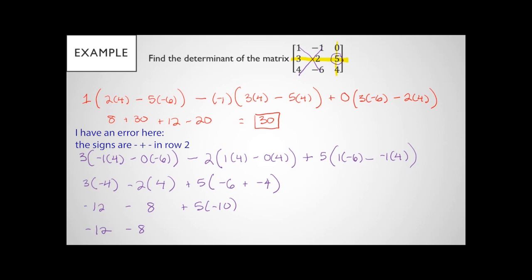So I've got 1 times -6 minus -1 times 4. So that should end up plus 4. So then that ends up here. That's -2. That's still not going to get me to 30. Do I have another sign error somewhere?